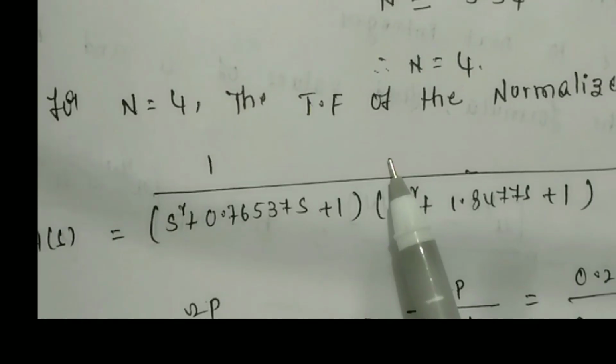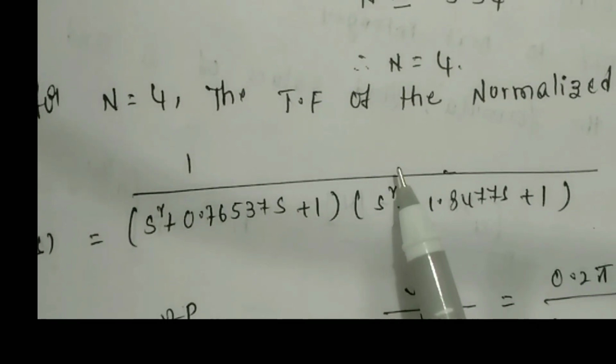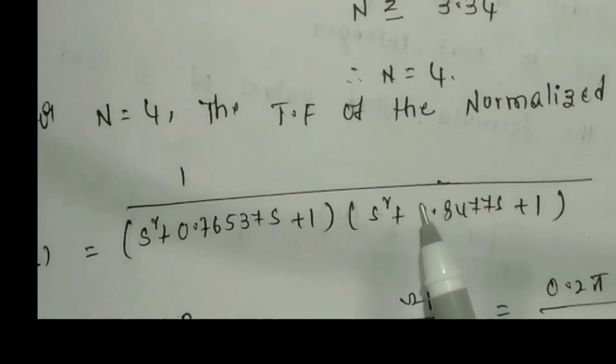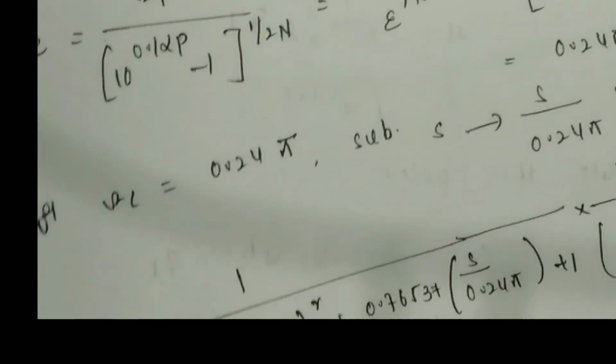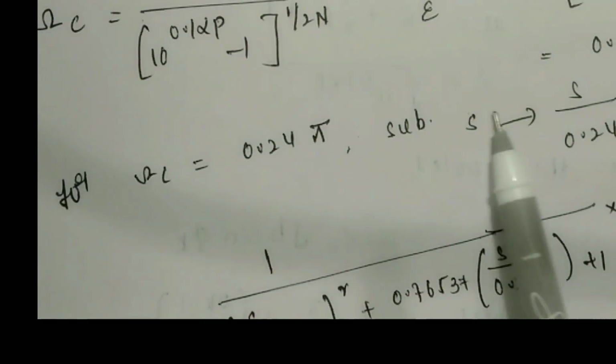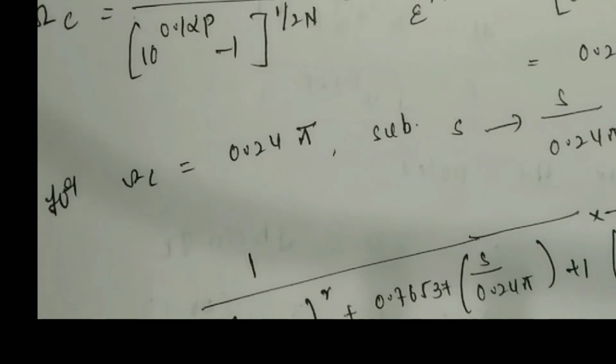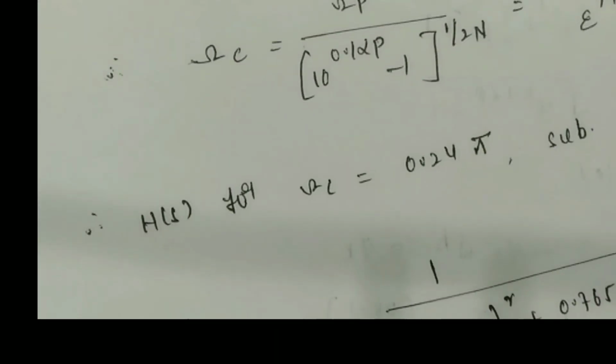This transfer function is for omega c equal to 1, so you can say it is a normalized filter. But for this filter, we have to substitute s by s by 0.24 pi in H of s. So in the above equation, wherever you see the s value, substitute s by s by 0.24 pi.